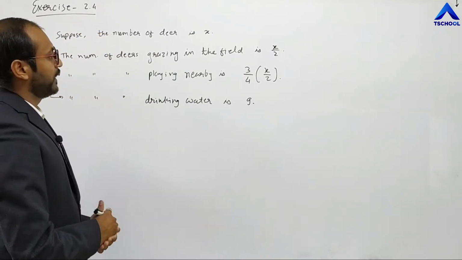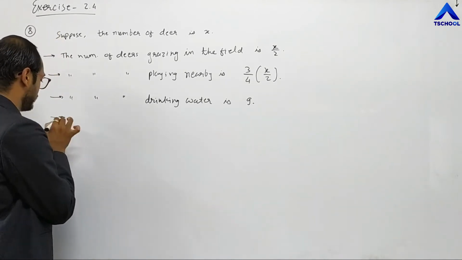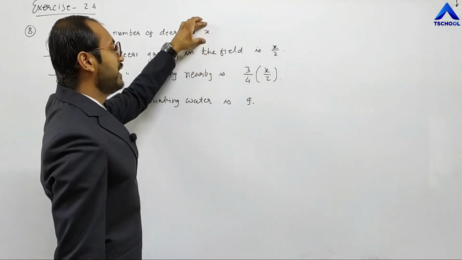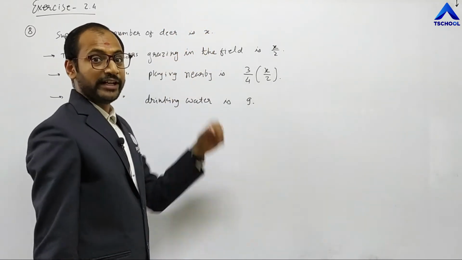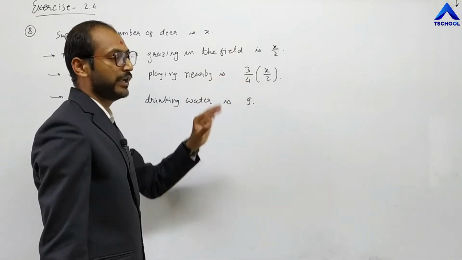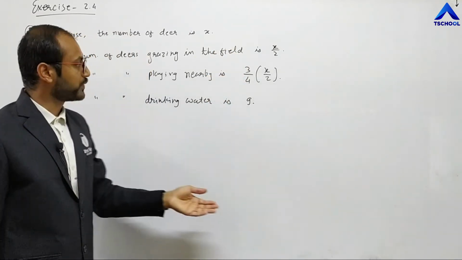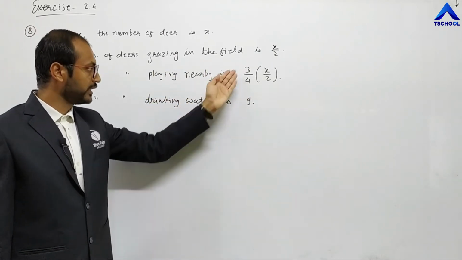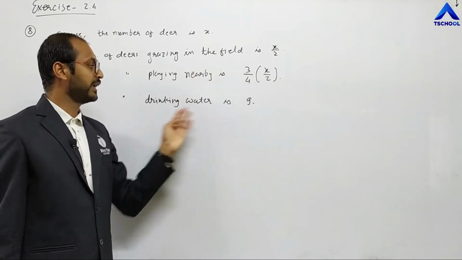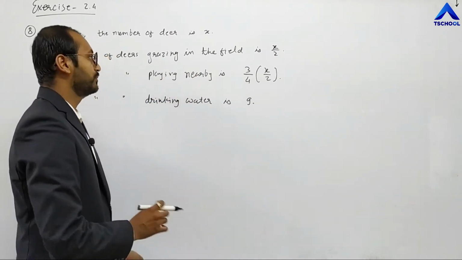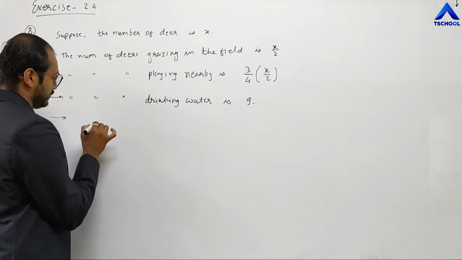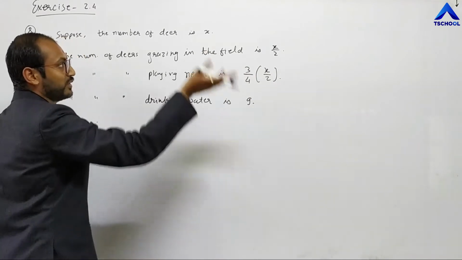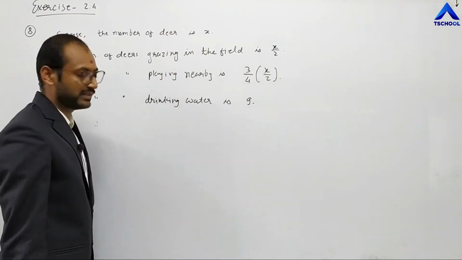So, how can we obtain the number of deer? See, this is the total number of deer, and all the deer are divided in these three different groups. First, half are grazing, then 3/4 of the remaining are playing, and 9 are drinking. So you can say that the addition of these equals the total number of deer.